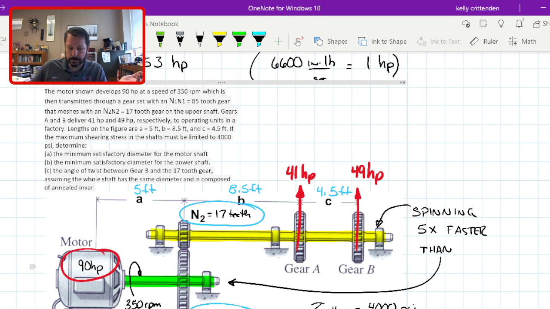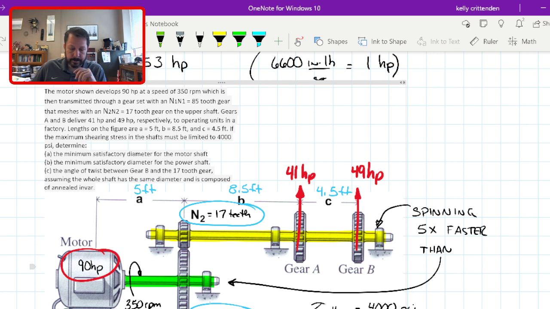Some of that torque is removed from gear, delivered to whatever's connected to gear A, however you want to word that. They worded it with transmitted. That makes sense. And then the remaining torque will be in this last section from gear A to gear B. And you would have to figure out, well, if I delivered, there's 49 horsepower here, I have the speed it's going at, I can figure out the torque in that section.